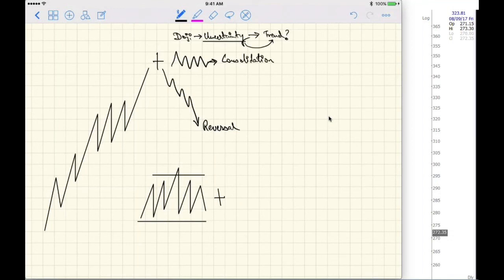So just by looking at a doji, you do not short. Just by looking at a doji, you do not take a reverse position. The doji indicates a possible halt. This halt, this stop, this ease off can lead to either a reversal or a consolidation.